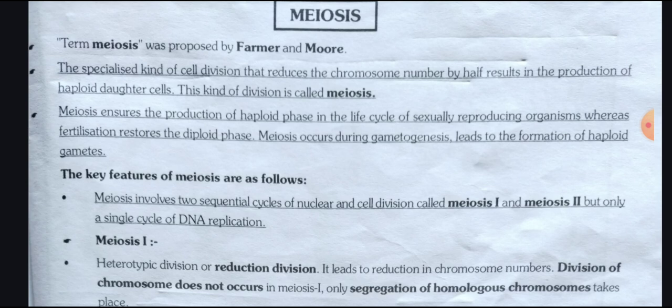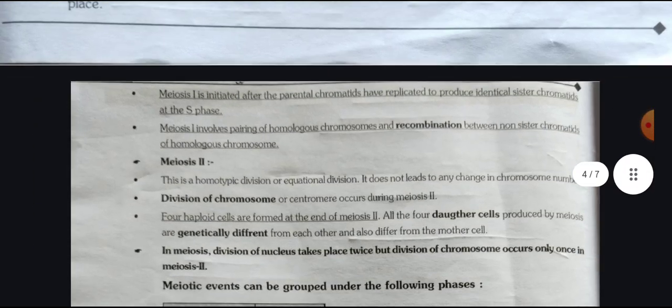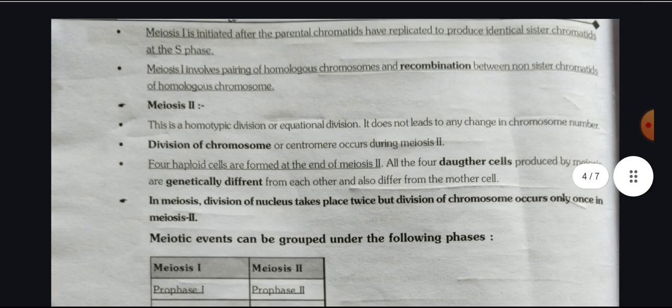Division of chromosomes does not occur in meiosis I. Only segregation of homologous chromosomes takes place. Meiosis I is initiated after the parental chromosomes have replicated to produce identical sister chromatids at the S phase. Meiosis I involves pairing of homologous chromosomes and recombination between non-sister chromatids of homologous chromosomes.